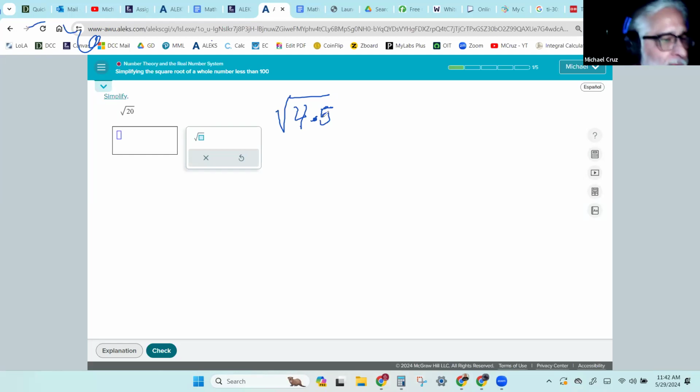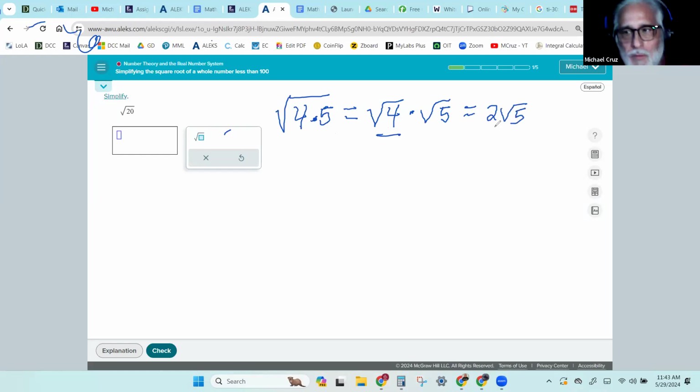The reason I picked 4 times 5 is because 4 is what we call a perfect square. What's the square root of 4? In other words, what do you multiply times itself to get 4? You get 2. Watch. So I'll take you through the process. Square root of 4 times square root of 5. The reason I separated them is because 4 is the perfect square. So this would be 2 square root of 5. Okay.